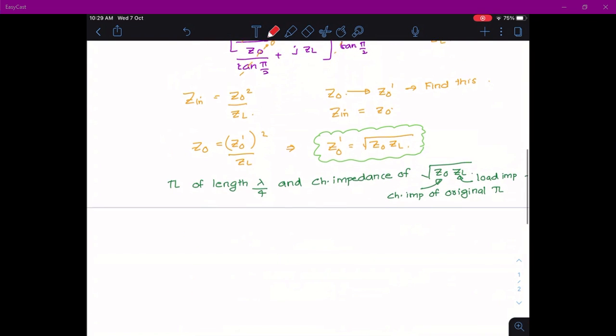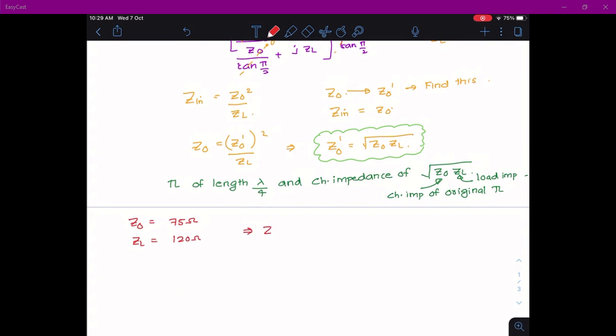So this is called the quarter wave transformer, and it is used to match any load condition. If you take an example, just to take some random values, let's say your Z0, the original transmission line characteristic impedance, is 75 ohm, and your load impedance is, let's say, 120 ohm.